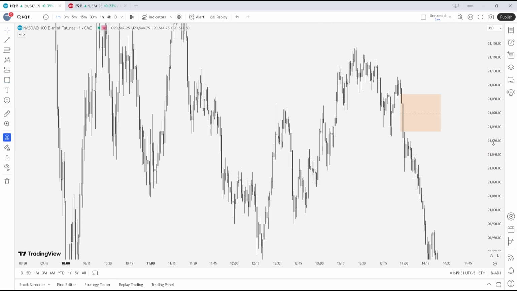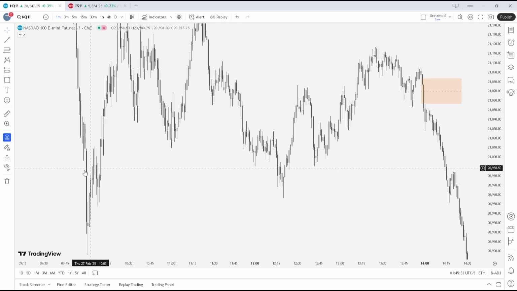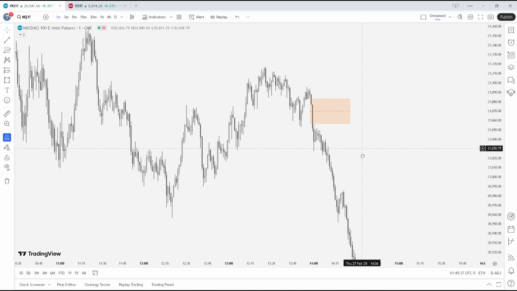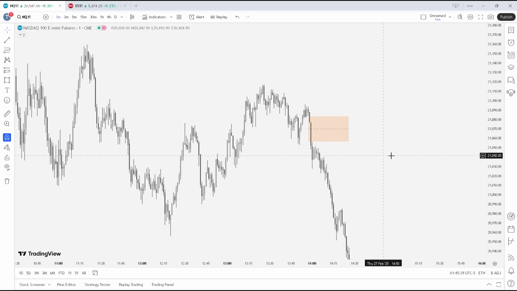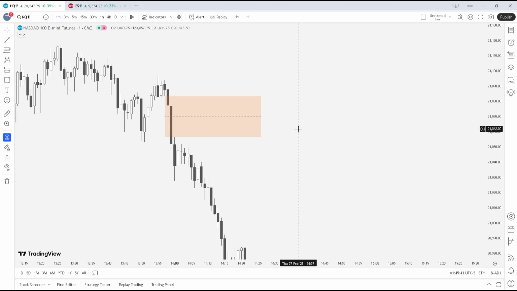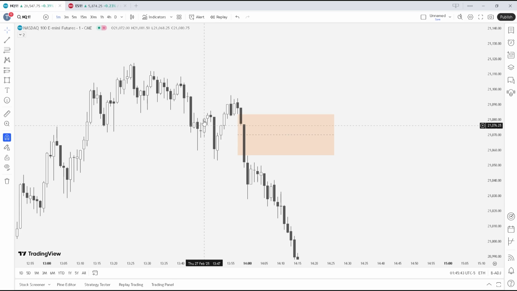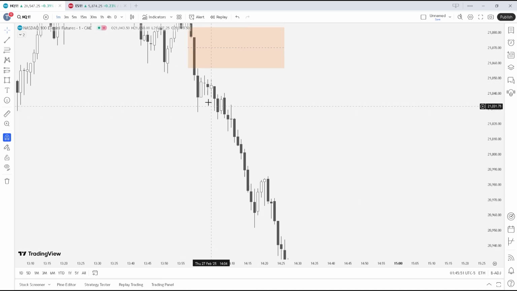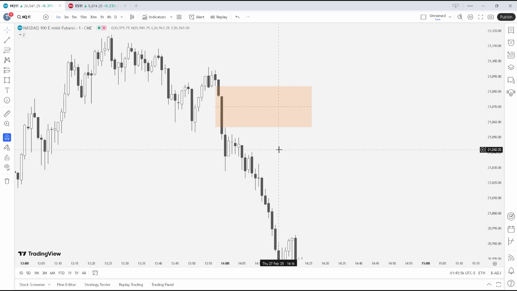We were in this range and then we broke out of this range with momentum. So when you break out of a range with momentum, the fair value gap that gets created here, you would expect to be a breakaway gap, especially with how much momentum there is.